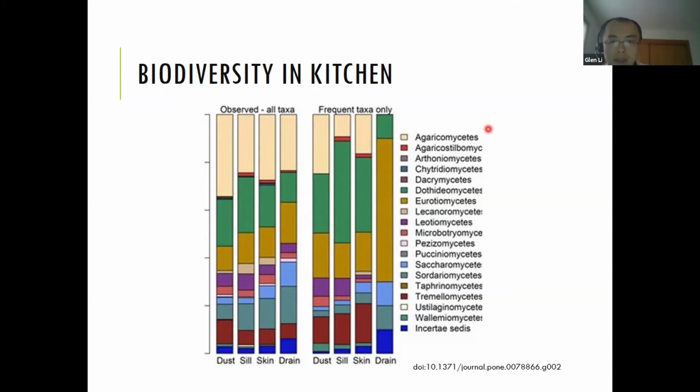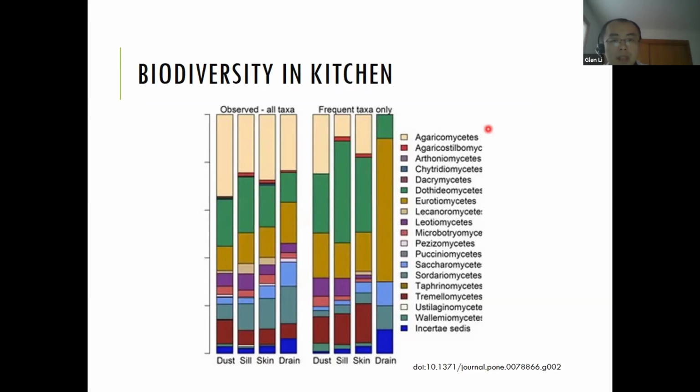I believe this is via 16S. The samples were collected from swabs of 4 different locations, and you can see that they share some common features, although the drain is probably a little bit different when it comes to frequent taxa.